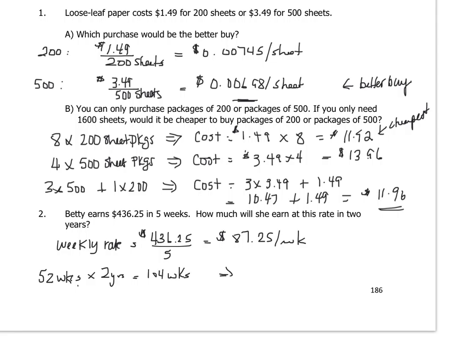So therefore, 87.25 times 104 would be how much you would expect her to earn, which is $9,074.